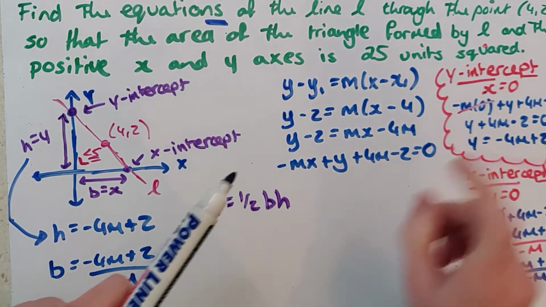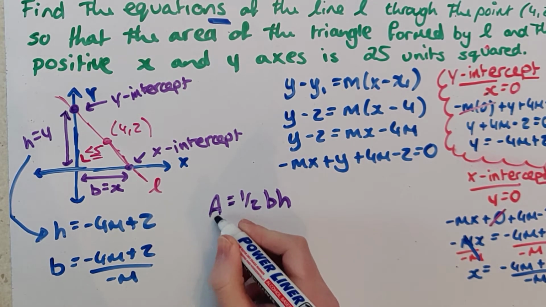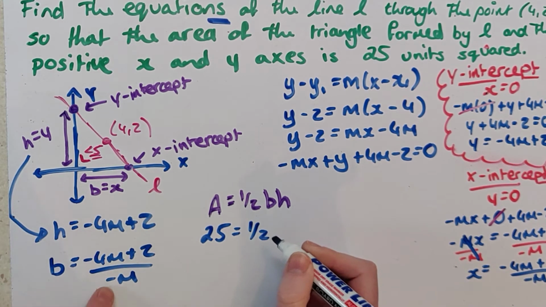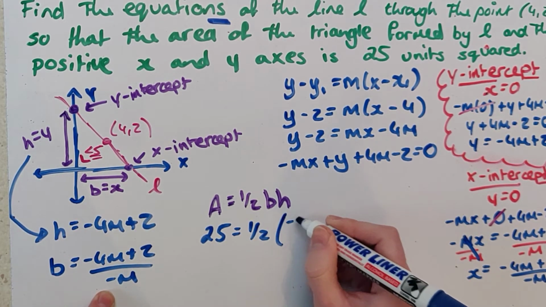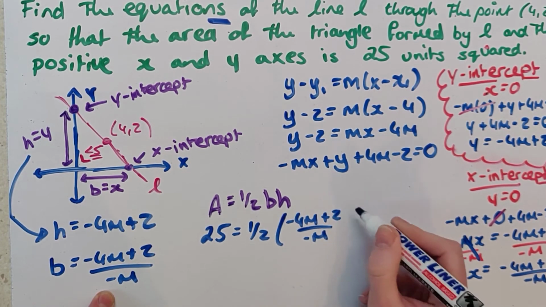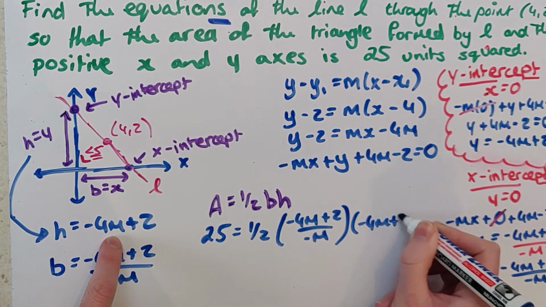They've told me that the area is 25 units squared. So instead of a, I'm going to sub in 25, is equal to half. My base I've just determined is this value, so minus 4m plus 2 all over minus m, times my height, which I've just determined is this value.